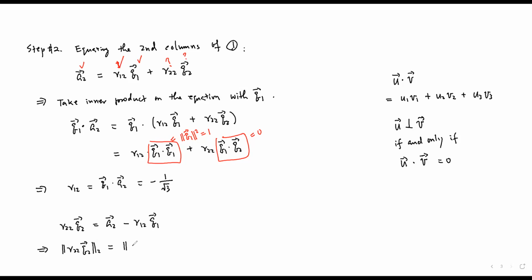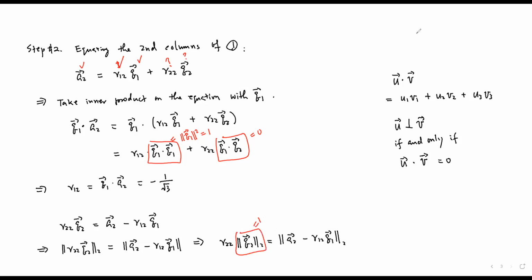Because I have assumed R22 is positive, I can move R22 outside. And these are 2 norms. But the 2 norm of Q2, the second column of the matrix Q, is 1.